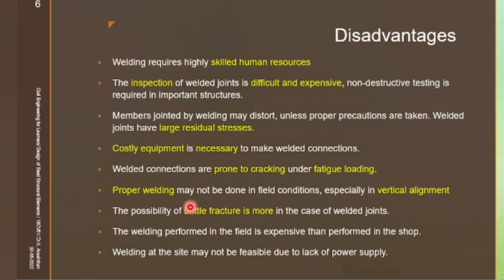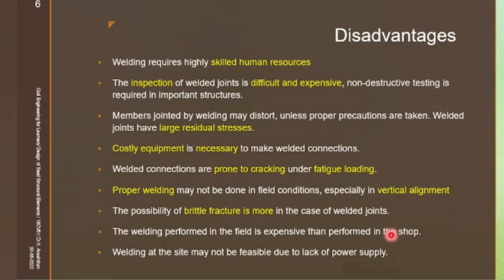Angle is very important for welding. If you have the line of sight and below the line of sight, you get more vision and proper welding. If it is inclined at some angle or vertical, it is very tough. You cannot work when your hand is up, yes or no? It is very hard to work. It is best to do it in shop only. The possibility of brittle fracture is more.